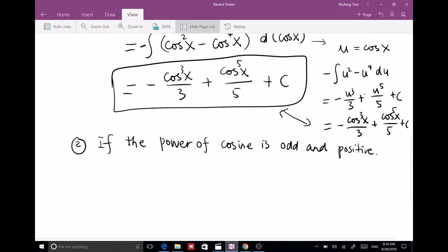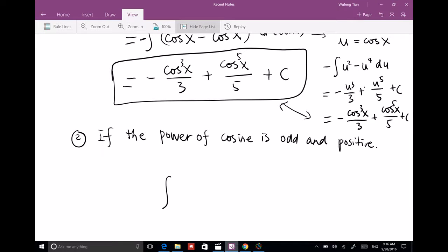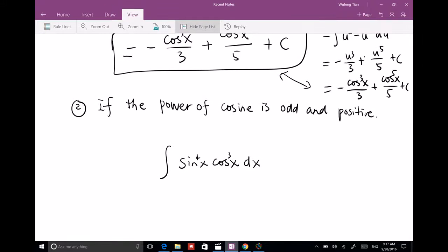For example, sine x power 4 and cosine x power cubed dx. If we have something like this, I'll give you 1 minute to do this one by yourself.